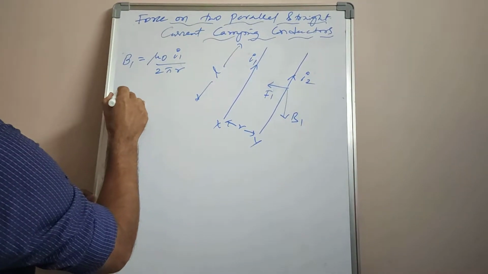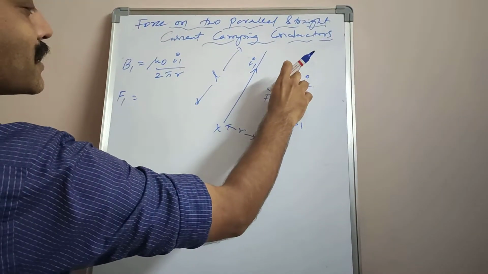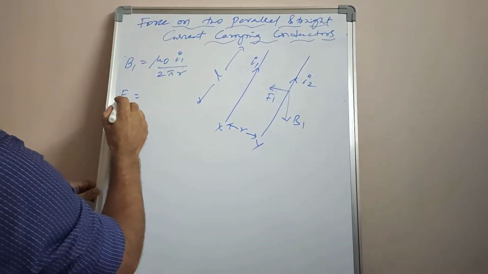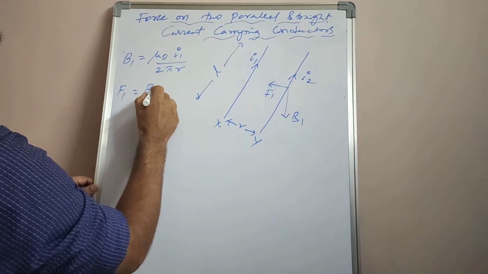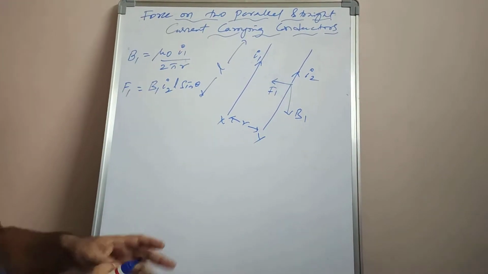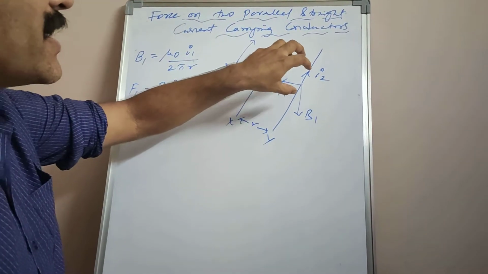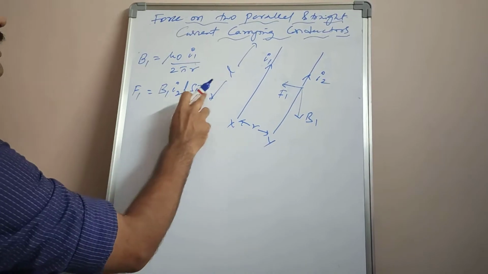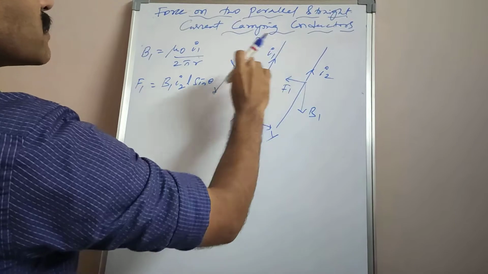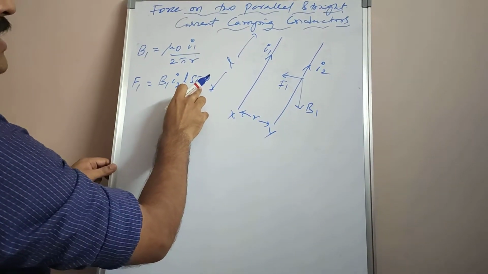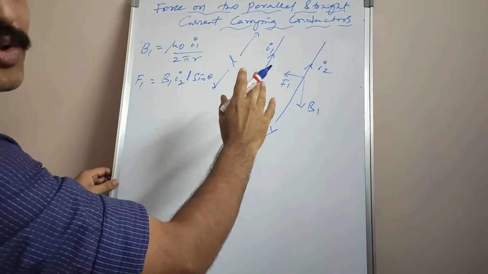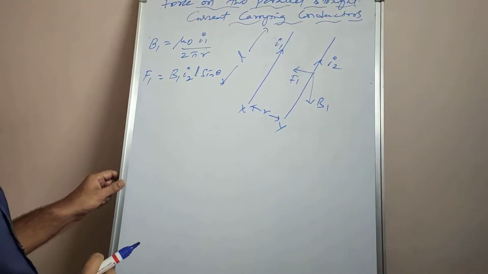Now, the force experienced by the second conductor due to the magnetic field produced by the first conductor is F1 equal to B1 I2 L sin theta. Previously we learned that the force experienced by a current carrying conductor in a magnetic field is F equal to BIL sin theta. Now this force and B are at right angles to each other, so theta can be considered as 90 degrees.